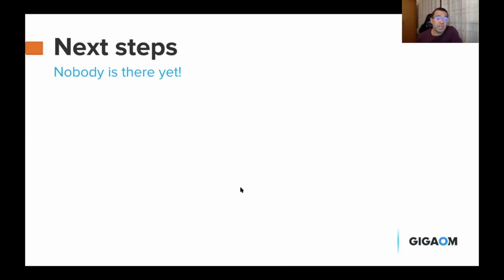The next step is, actually, there are several next steps, but it is important to understand that nobody's there yet. There is some work. There are some vendors releasing the first features in this domain, but many of these features are still immature. So let's talk about copy data management.